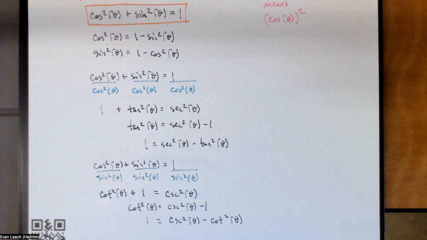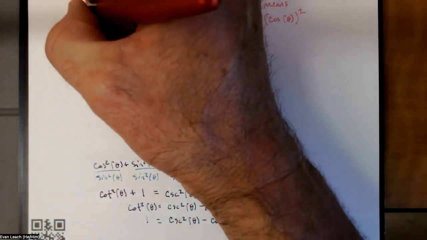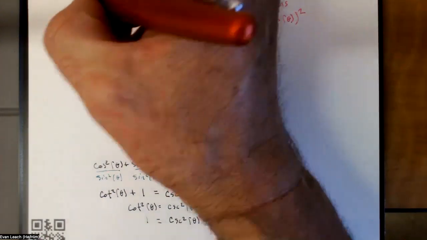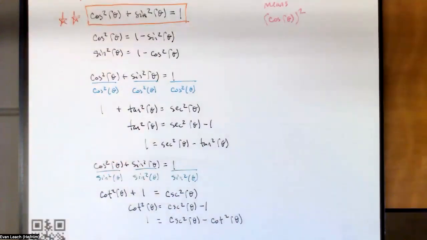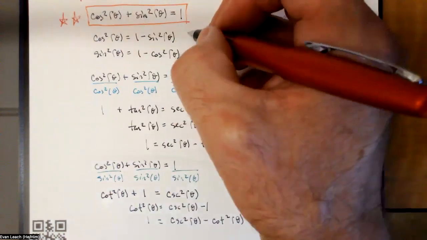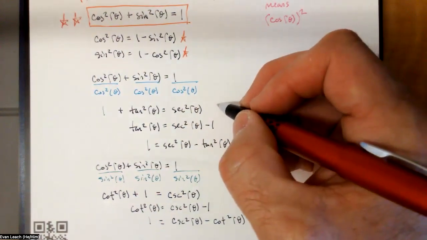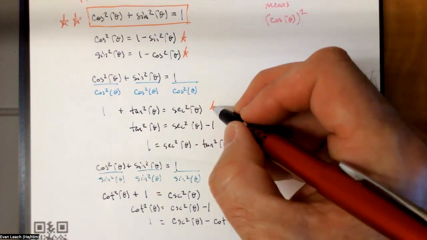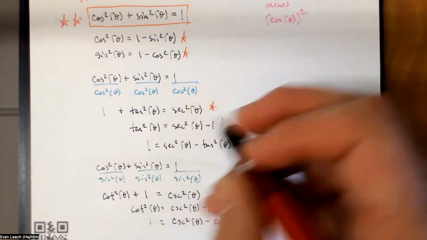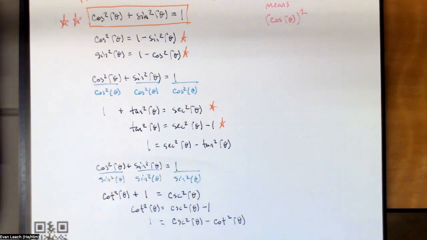That first one you cannot forget. So this one, super critical. The other ones that are important to recognize are these 2 variations and writing secant squared and tangent squared. Those 5 are the ones that you don't want to forget.